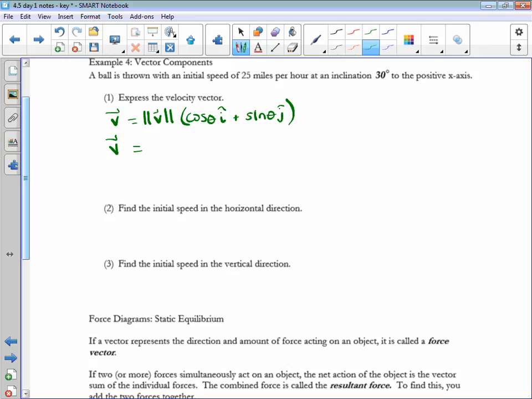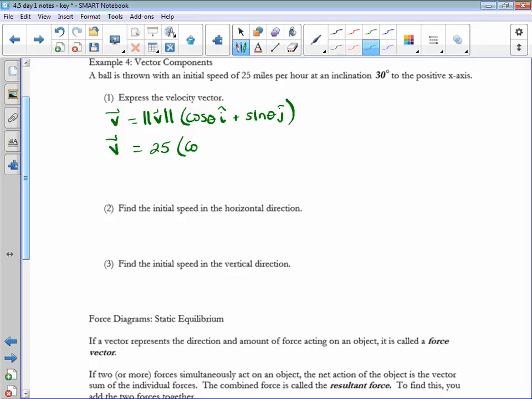Yes, the 25. Okay, then an incline of 30 degrees to the positive x-axis. What do you think that is telling me? Right, so from here we're going up 30 degrees. That's just your theta, okay? The 30 degrees is our theta, so we plug that in.